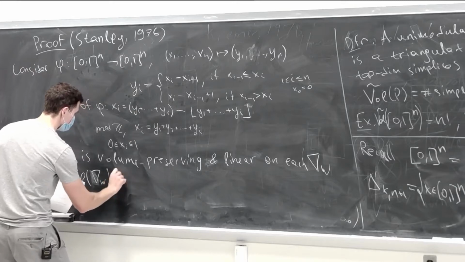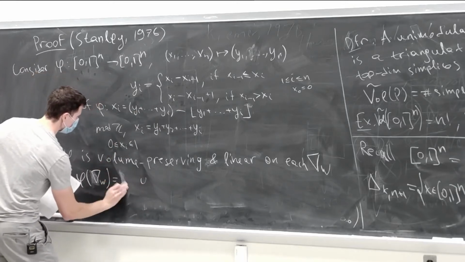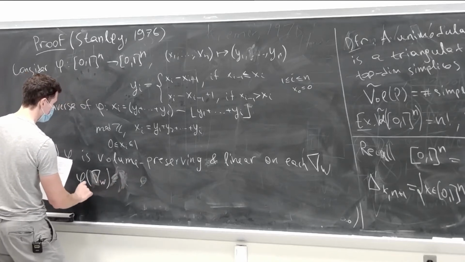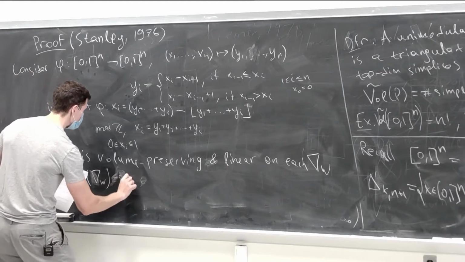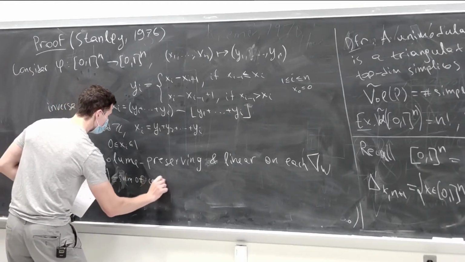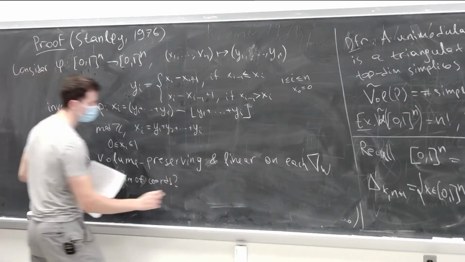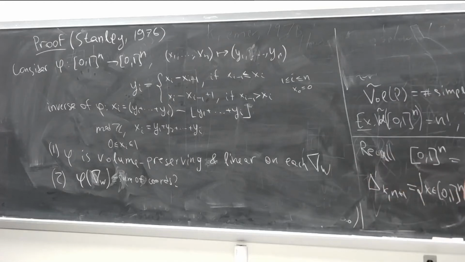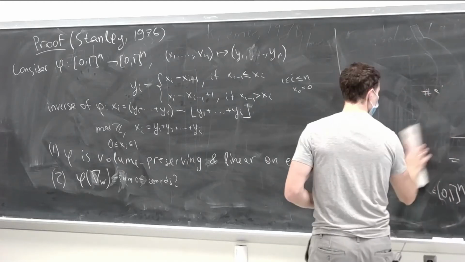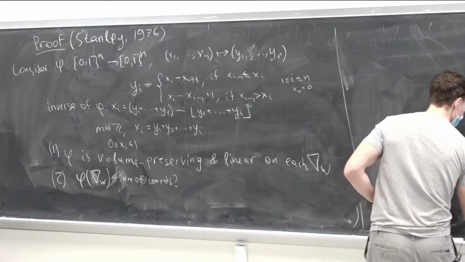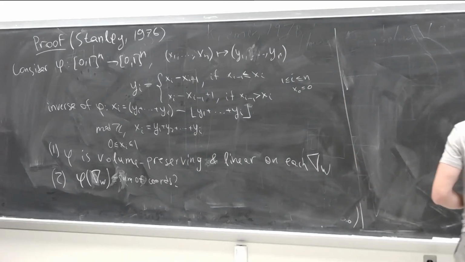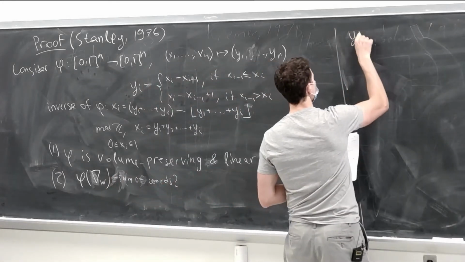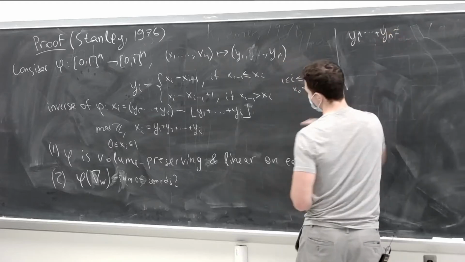So what is the sum of coordinates of this thing? The sum of coordinates is y1 plus etc. plus yn, and then just use that formula.